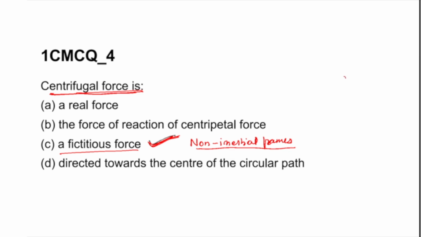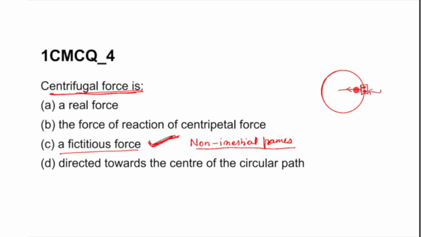So for example, if this circular motion is of a car, and it is going like this, and you are sitting at the back, here at the back, you are also rotating with it. So your frame of reference is not an inertial frame, it is a non-inertial frame. In that case, we need to introduce the fictitious force to explain why this box is not moving this side.